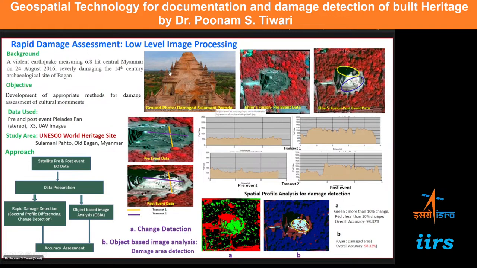You can see this is the damaged pagoda. The front side is completely damaged. This is the pre-event image, and this is the post-event image, and you can mark how much is the damage and where exactly the damage is.